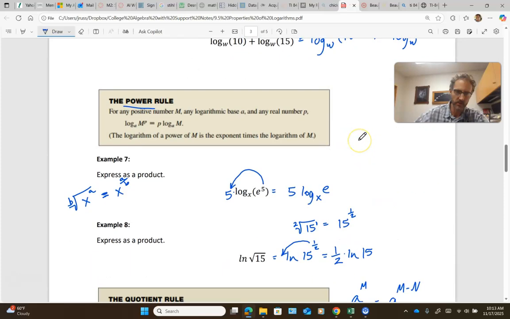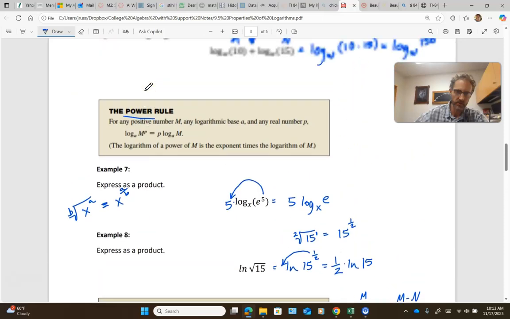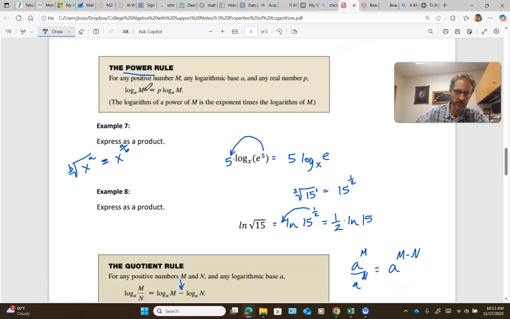And then we've got this quotient rule that allows us to split a logarithm up using subtraction if the argument of that logarithm is a quotient. And then finally, we've got this power rule. It basically says if we have a logarithm of something with a power, we can move that power out in front.